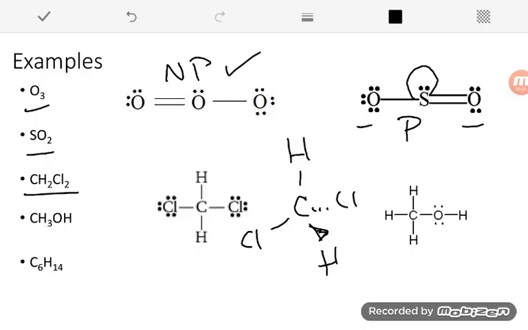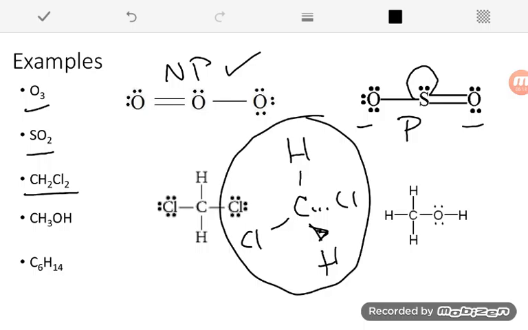Really, the molecule looks like this. It's tetrahedral. It's not this flat, two-dimensional square like we've drawn here. So this molecule is not symmetric. Even if we forgot about its real shape, we could just look at the fact that this molecule has different exterior atoms. Different exterior atoms means it's not symmetric. This molecule is going to be polar.